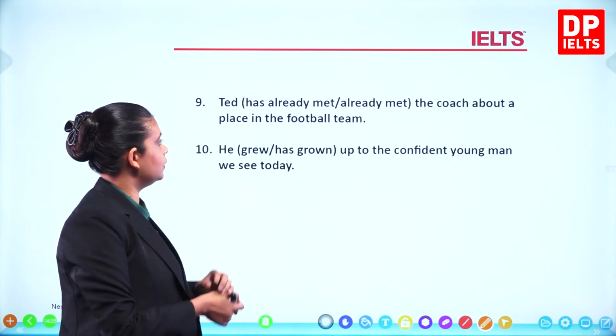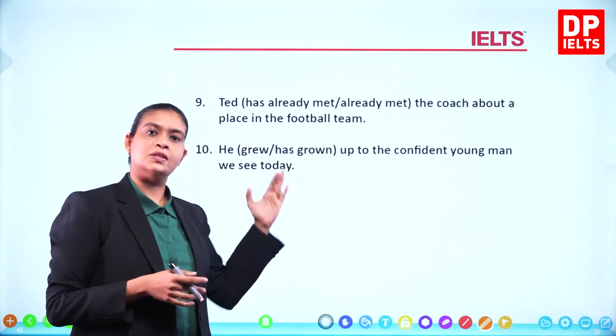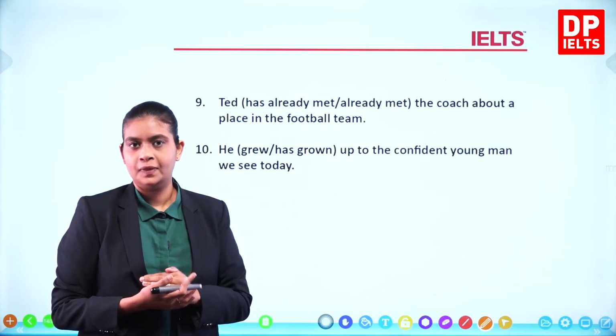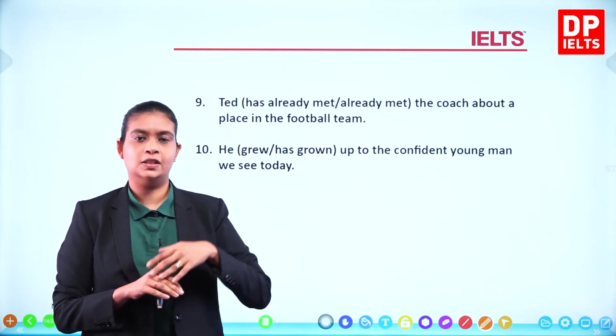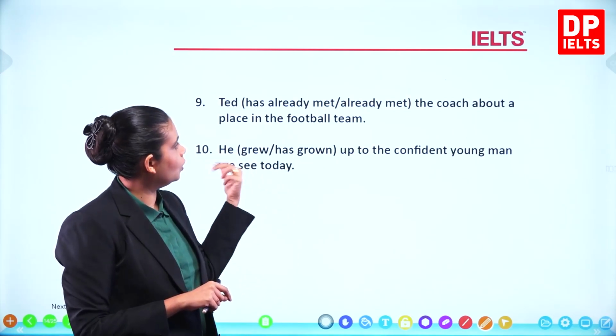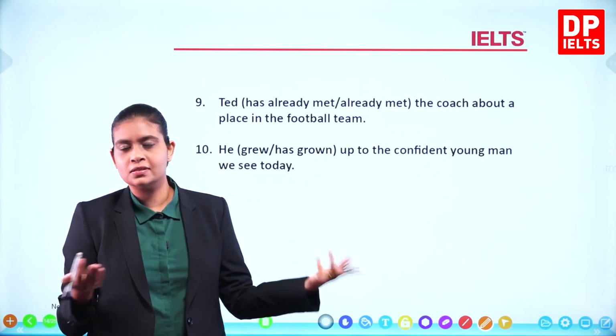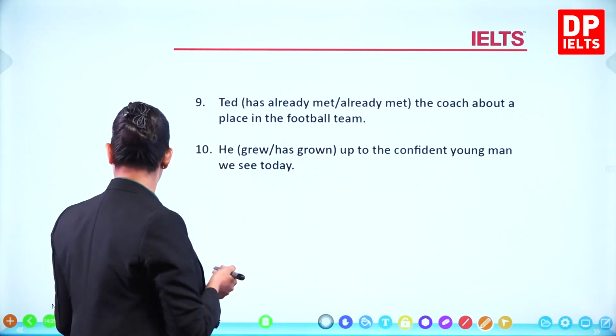Right? So think about the context, think about the words, the form that you see here, and think which tense would be appropriate. Is it going to be the present perfect, or looking at here, is it the simple past tense or any other form that they have given you, right?